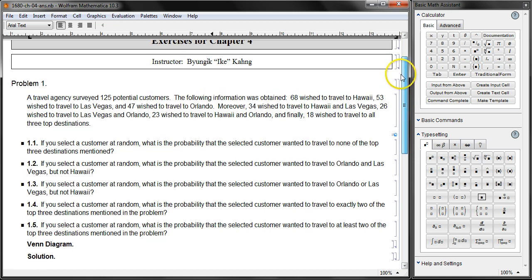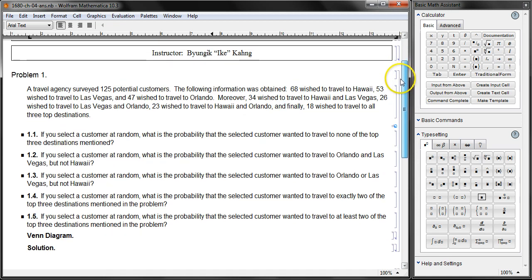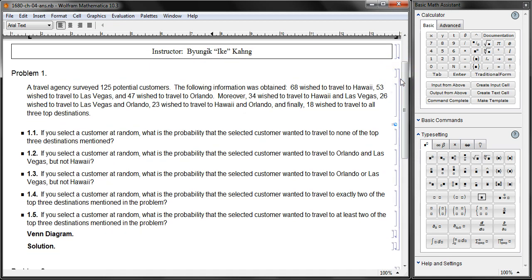Okay, here we go. If you select a customer at random, what is the probability that the selected customer wanted none of the top three destinations, so the people who are outside all three circles?